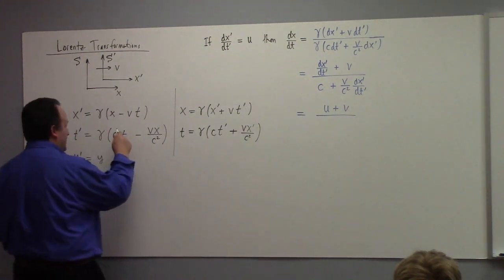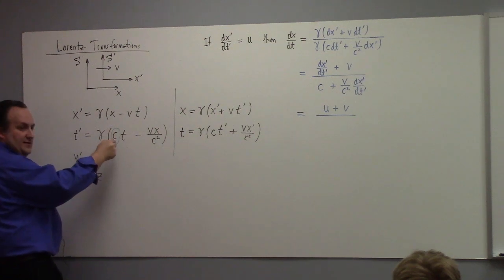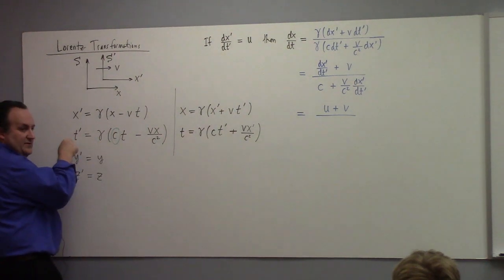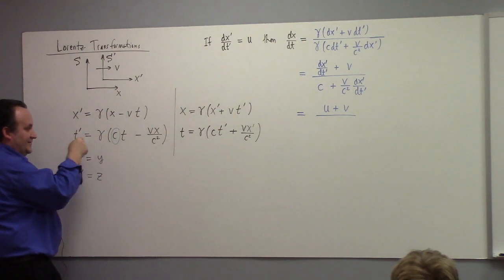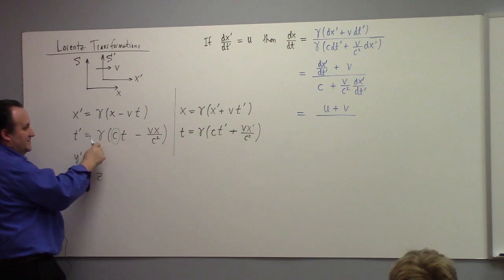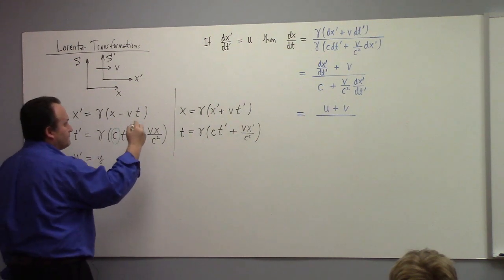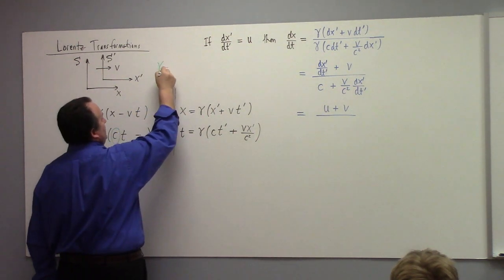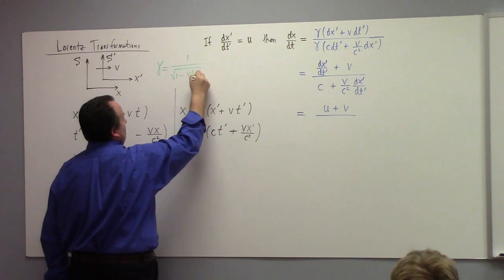But look, to quote my community college professor, this dog will not hunt. You can't have a c here and no c over here. That's like adding a dog to a cat or something. It's just nuts. This gamma, remember, is dimensionless. The formula for it, we found, is 1 over the square root of 1 minus v squared over c squared, right?